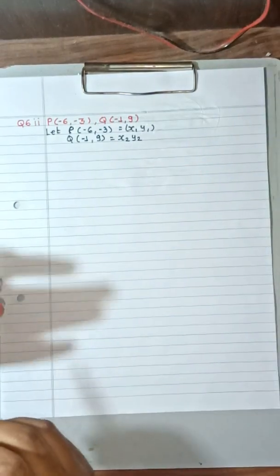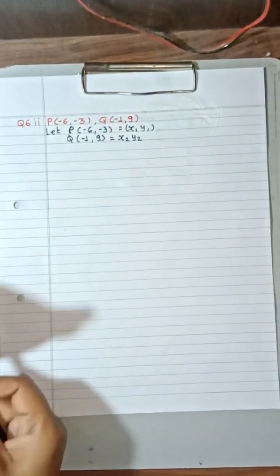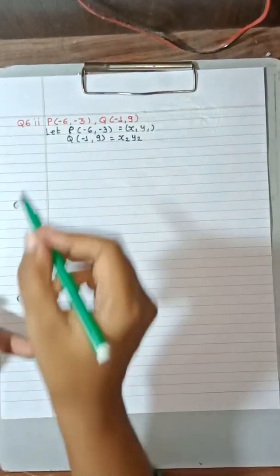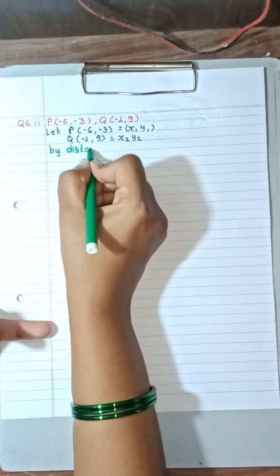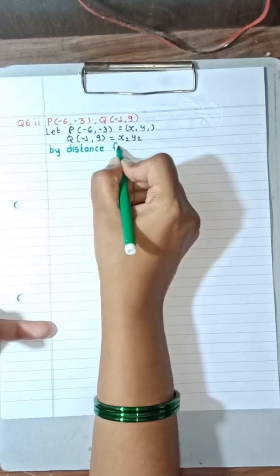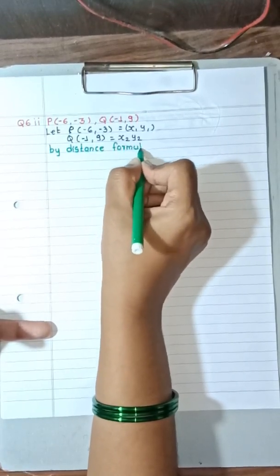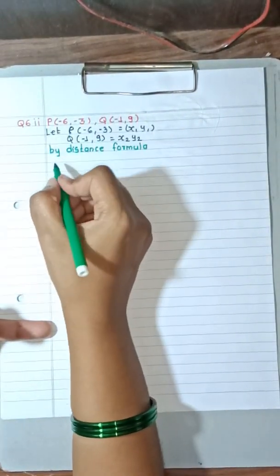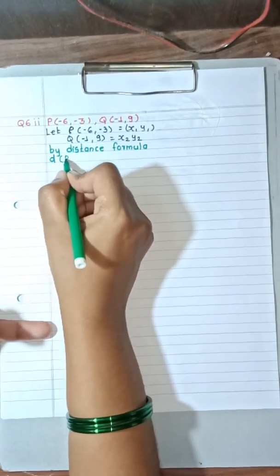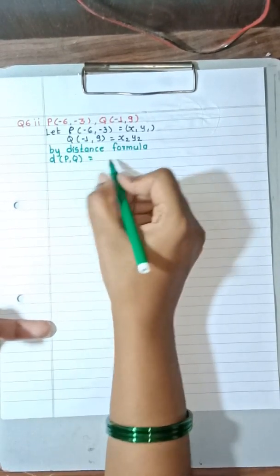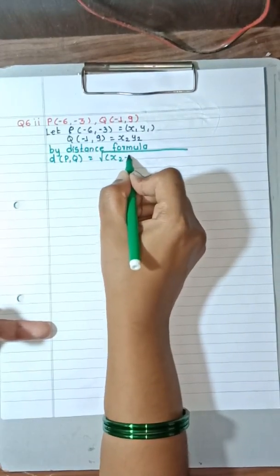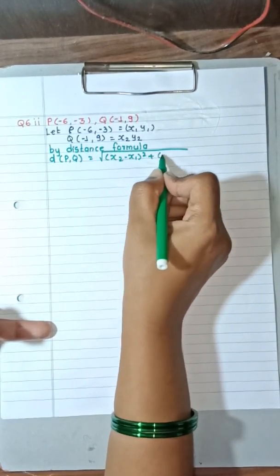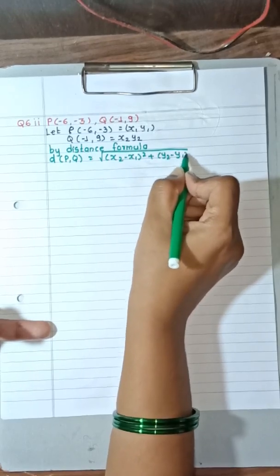Now by distance formula, distance PQ is equal to under root of (x2 minus x1) whole square plus (y2 minus y1) whole square.